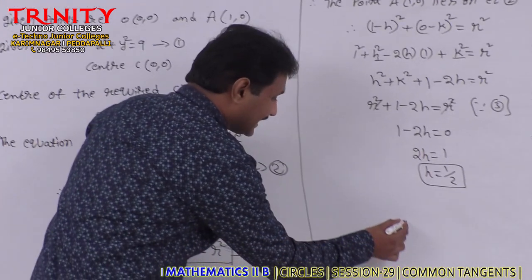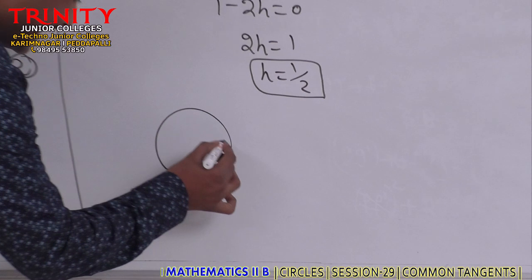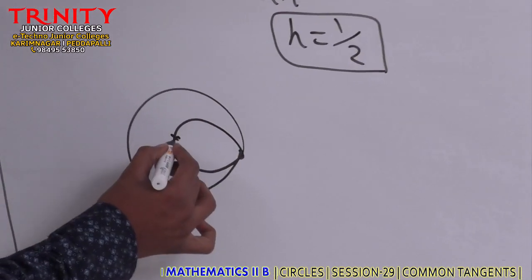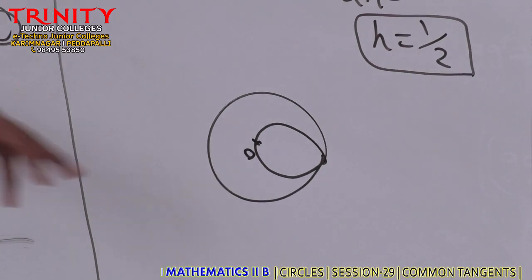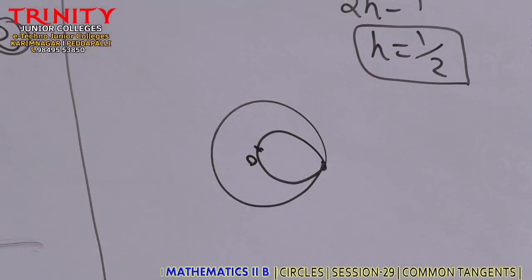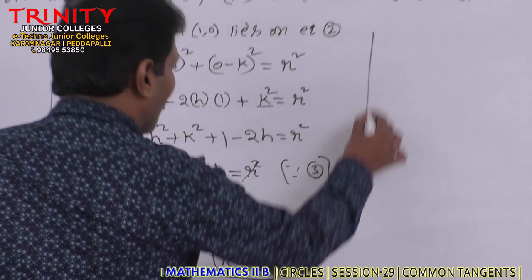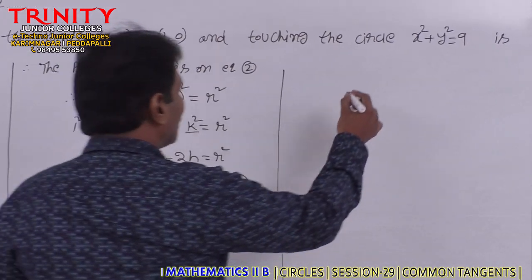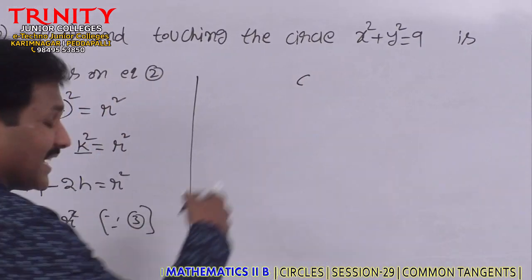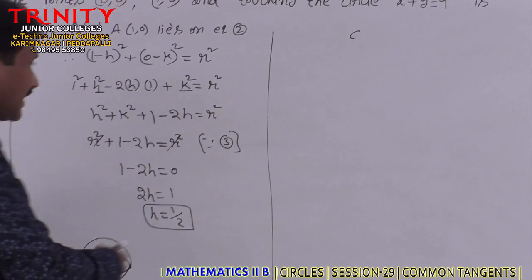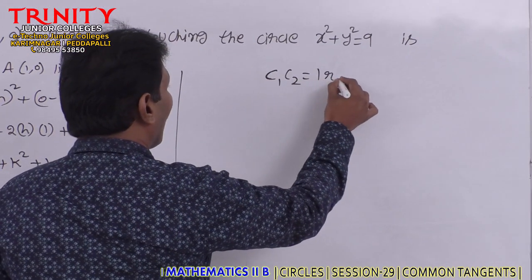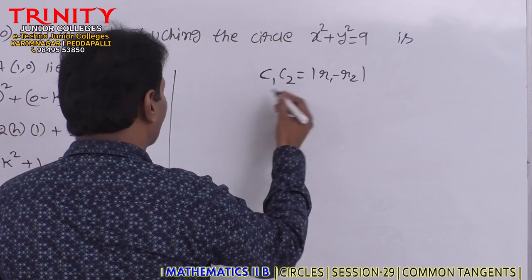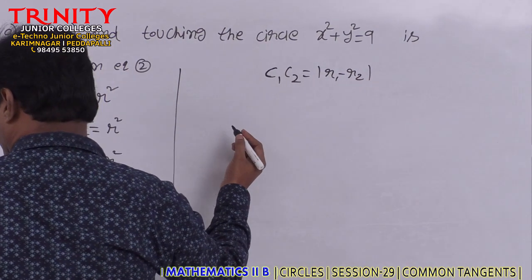That means the circles touch each other internally, and the second circle passes through the center of the first circle. Therefore, that means the circles touch each other internally. That means C1 C2 equal to modulus of R1 minus R2. C1 C2 is the distance between the two centers.